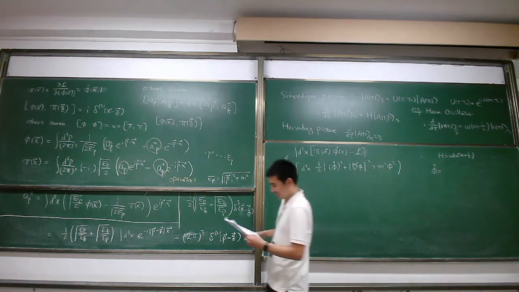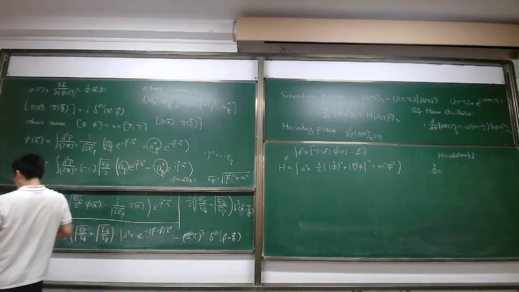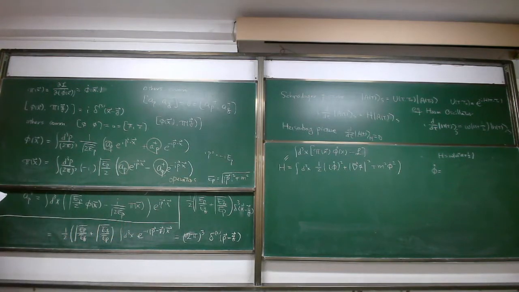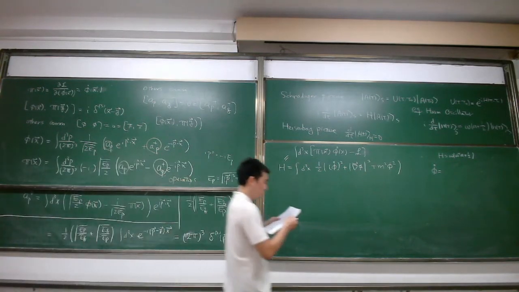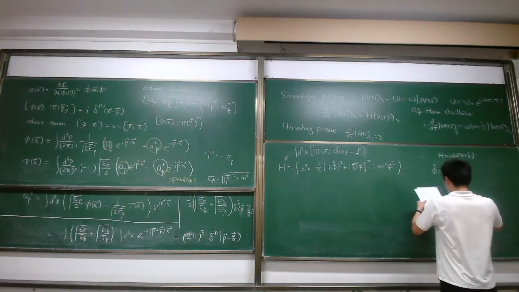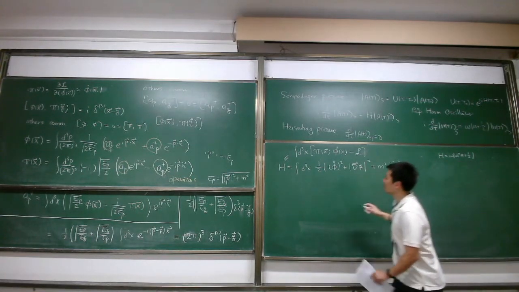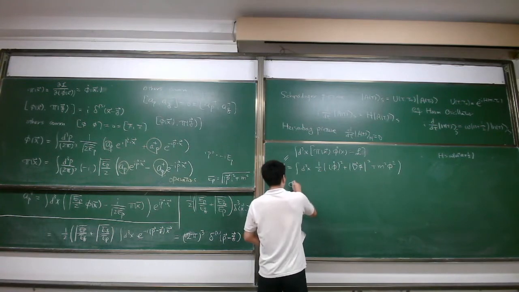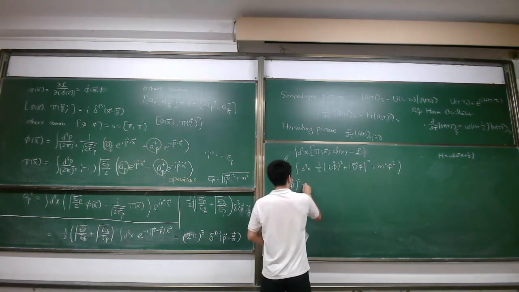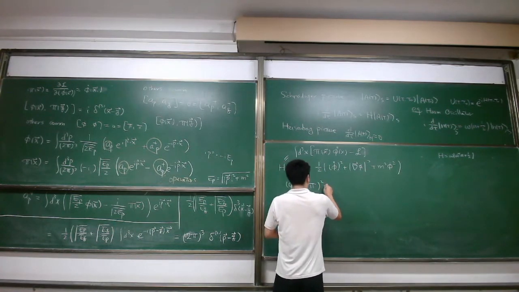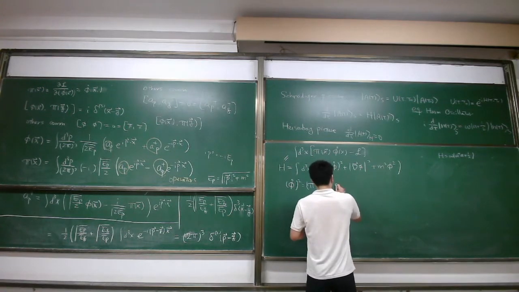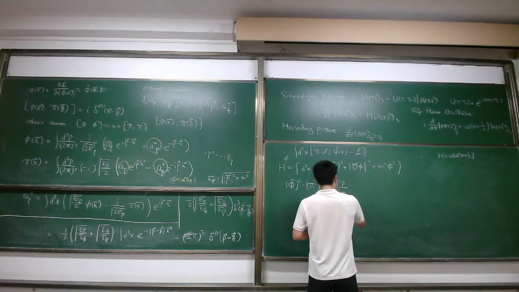So phi dot is essentially this, the pi of x. Therefore essentially this one is equal to this. Let me write down honestly: phi dot squared is essentially pi squared, and this is equal to... only this part I will write down honestly.